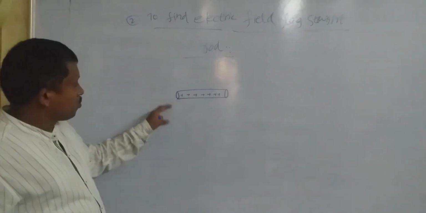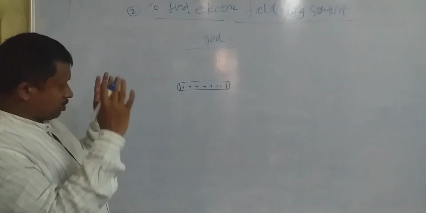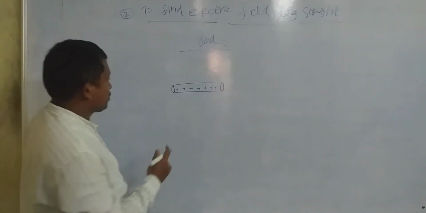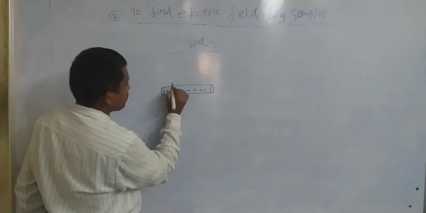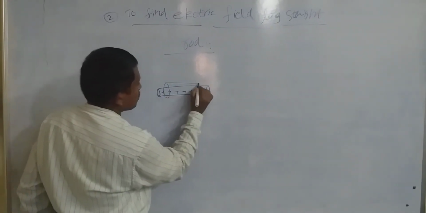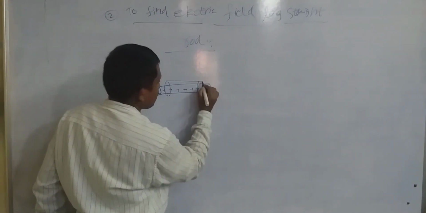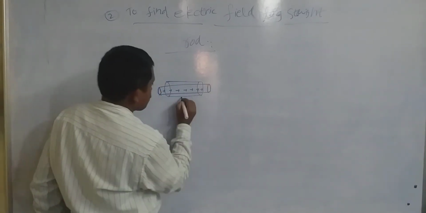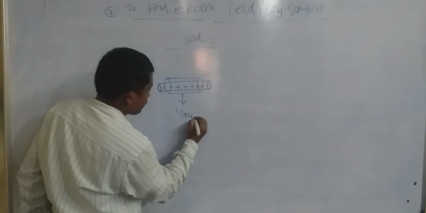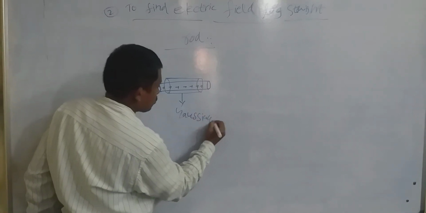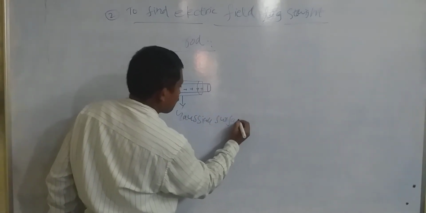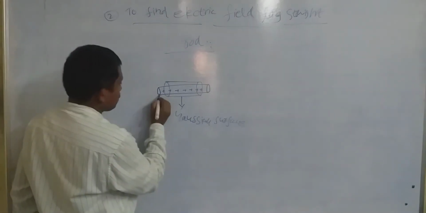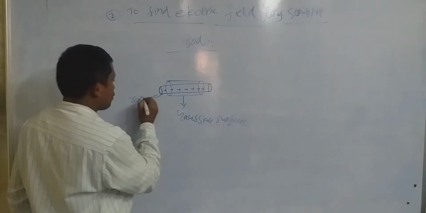Now I am going to take the Gaussian surface. This is the cylinder, the Gaussian surface. Okay, this is the rod, the positively charged rod.